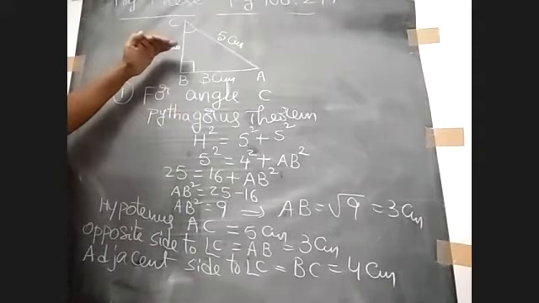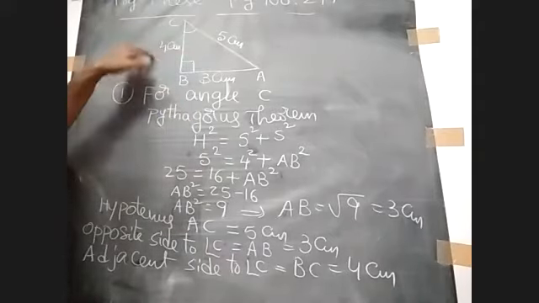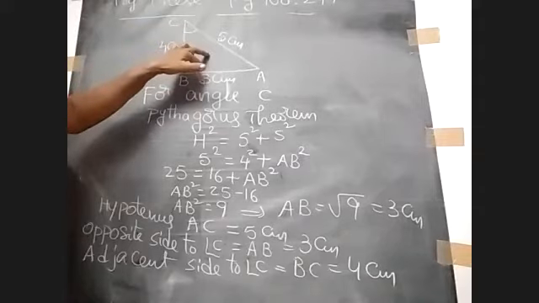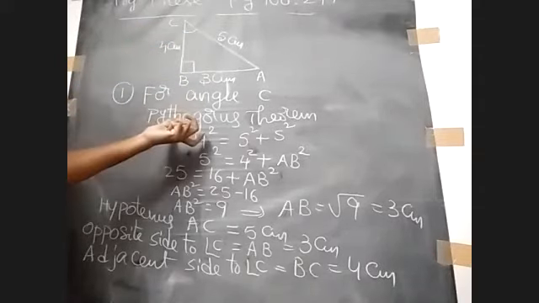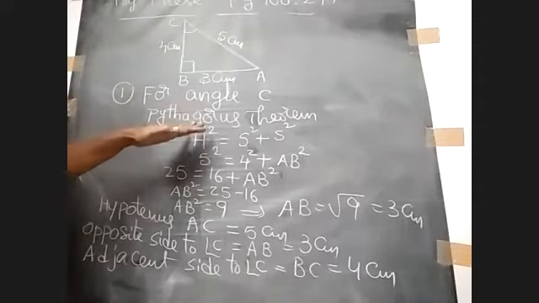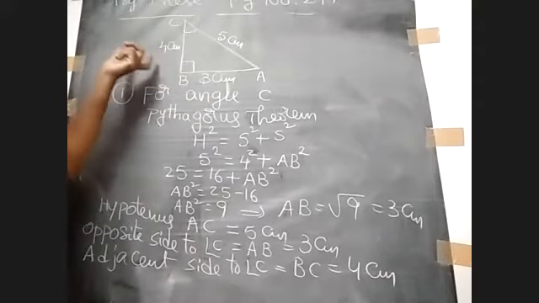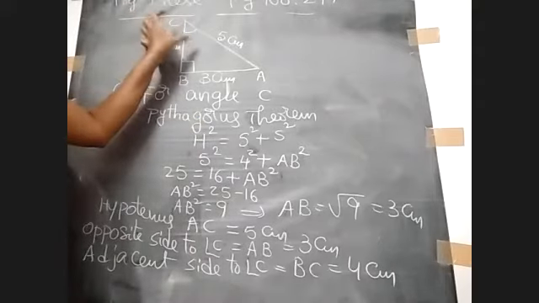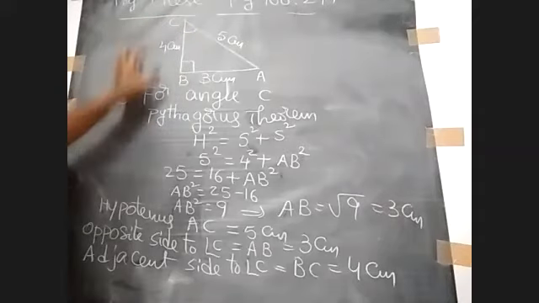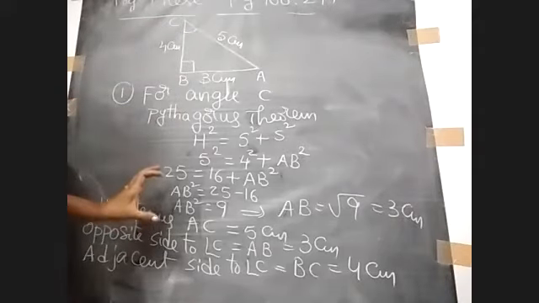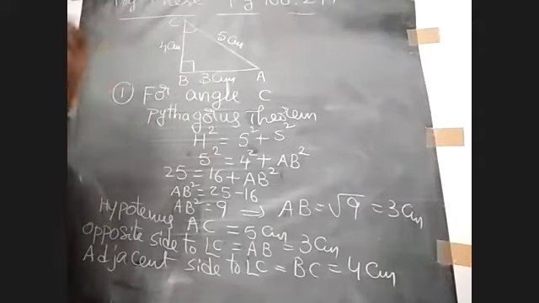First, we have to find all three sides of the given right angle triangle by using the Pythagoras theorem, and then we find the opposite side and adjacent side of the given angle. So this is our first part in try this, page number 271. Write down in your CW.